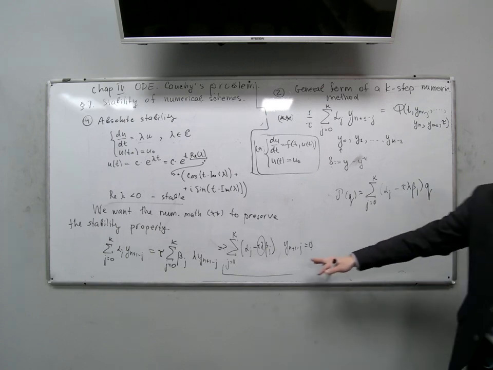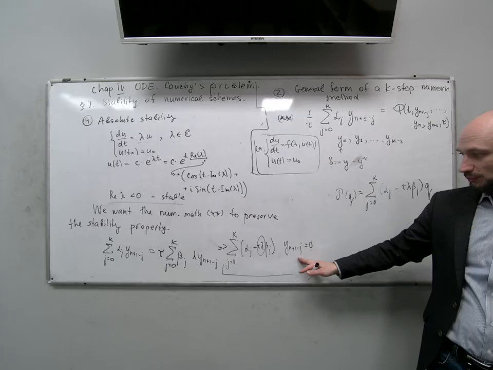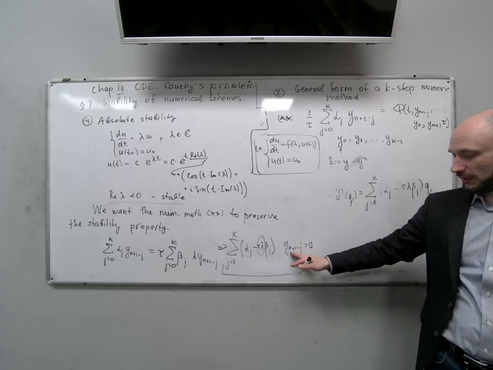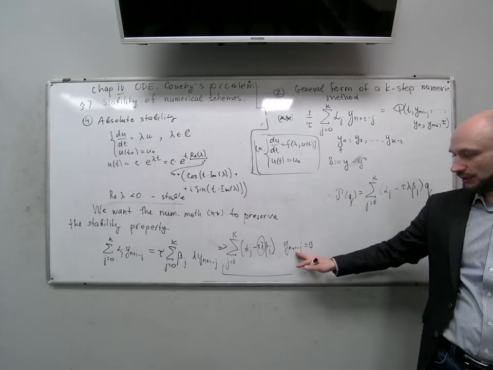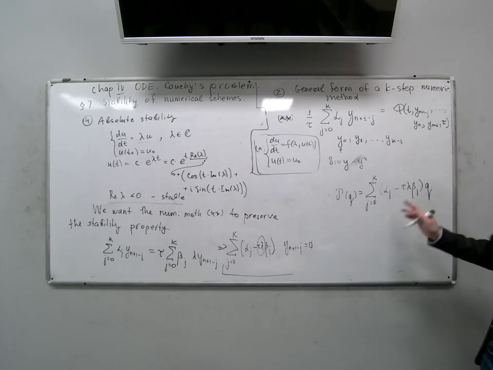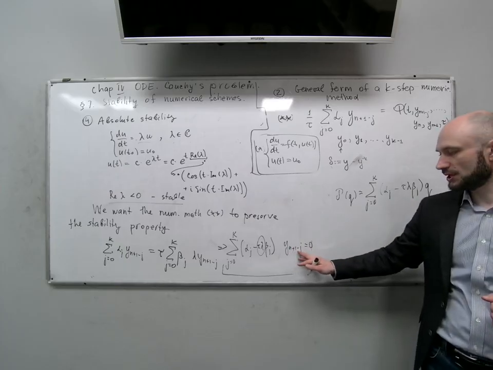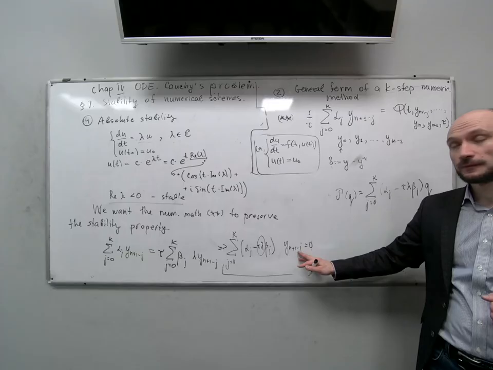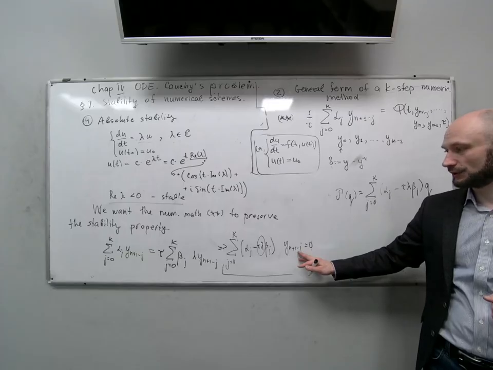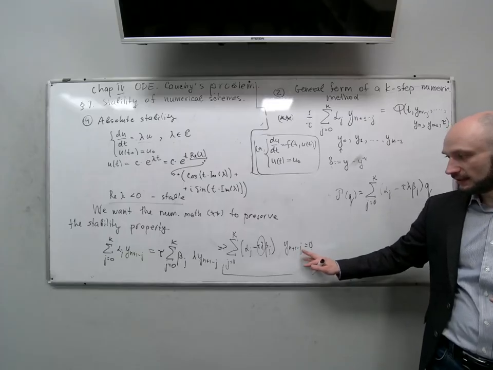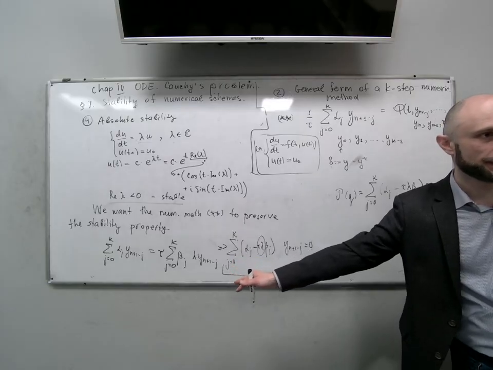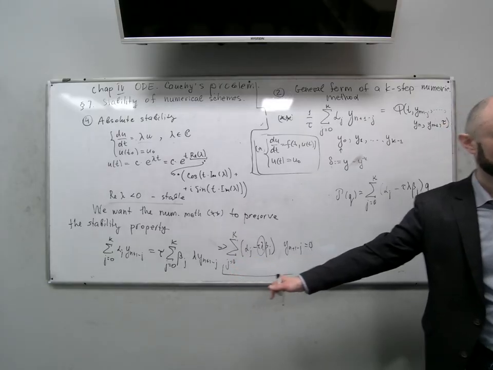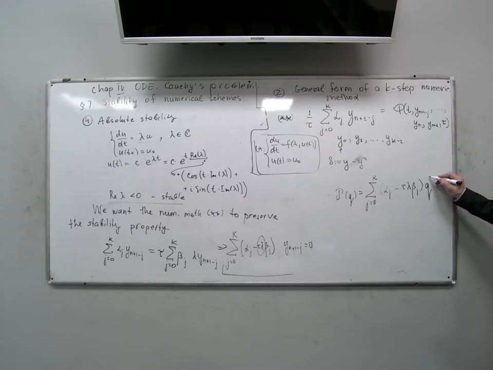We can put out, as we did before, and we'll have k minus j in this case here: q to the power of k minus j.